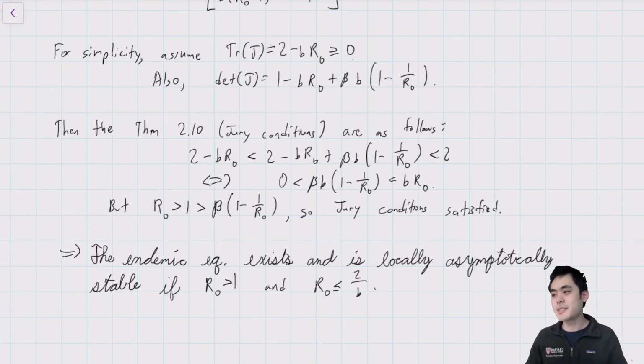So we've only analyzed it for this very specific case where R naught is less than or equal to 2 over b. In other cases, it might be stable or unstable, or it might even be chaotic, depending on the model parameters. But those are a little bit harder to analyze, and we're not going to worry about that for today.